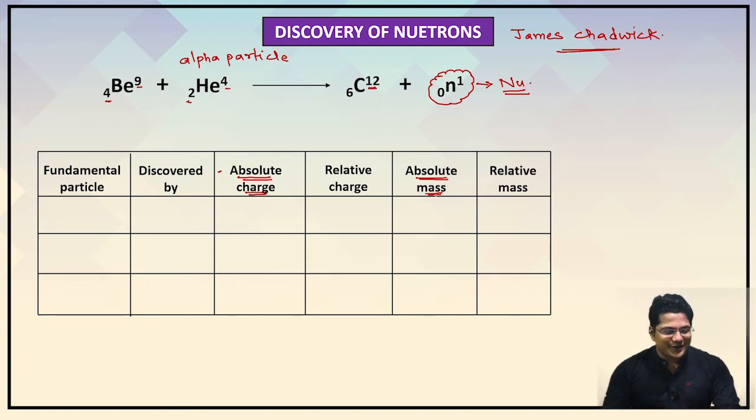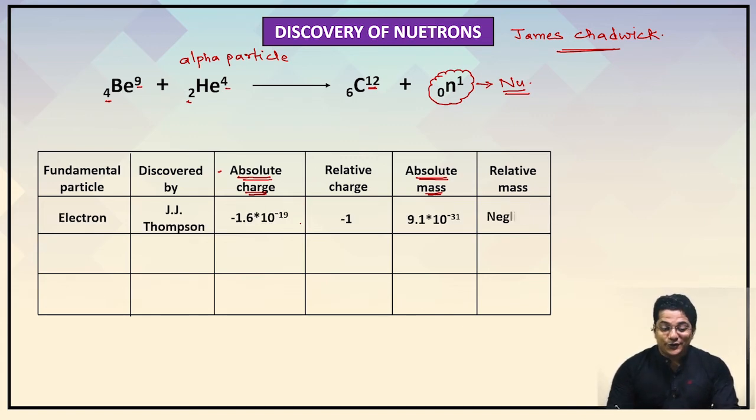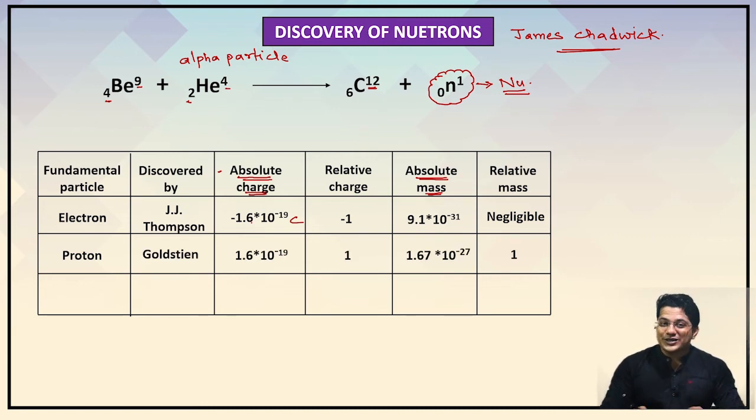Let's move further. The very first thing, the electron, discovered by J.J. Thomson. The absolute charge is -1.6 into 10 raised to -19 coulombs. The relative charge is -1. Absolute mass is 9.1 into 10 raised to -31 kg. Relative mass is negligible. Similarly, let's talk about the proton, discovered by Goldstein. What is the charge of the proton?